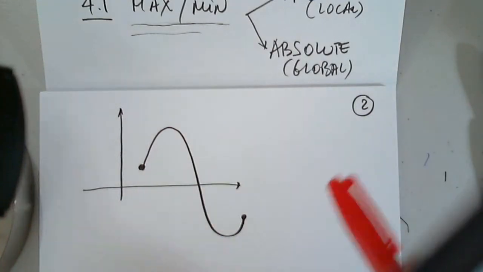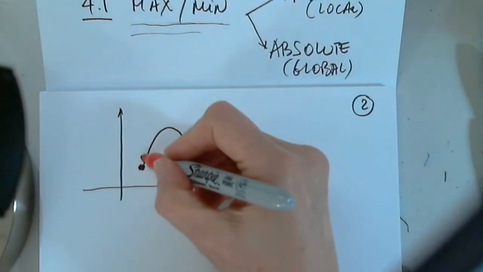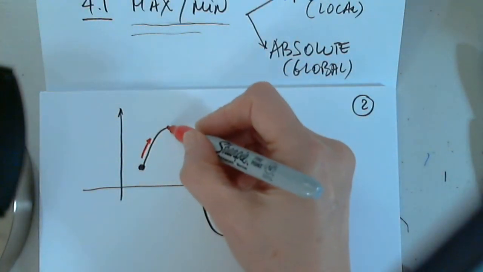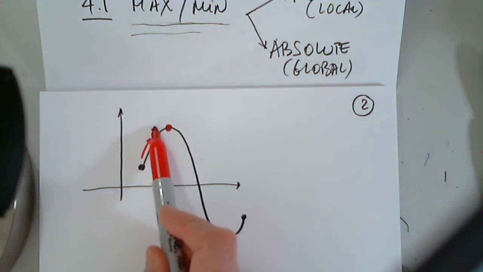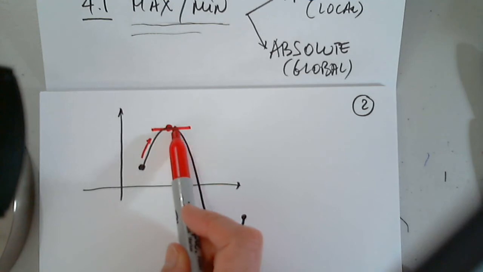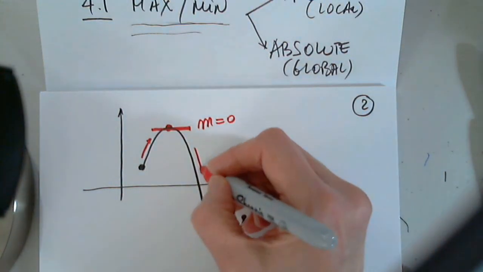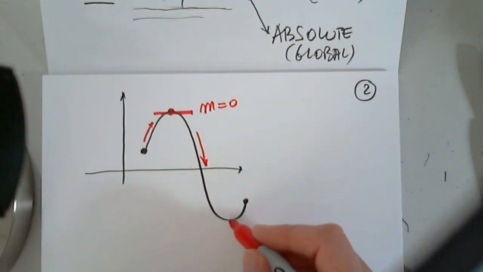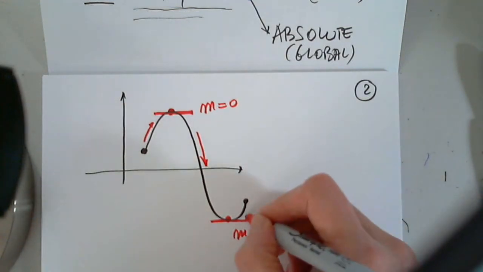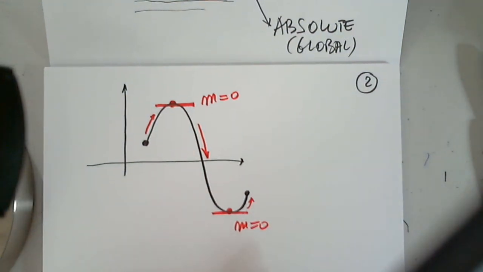And obviously, the function is increasing till this point, where we know the tangent line has a slope of 0. And then it's decreasing till this point, where the tangent line has slope 0. And then it's increasing till this point.